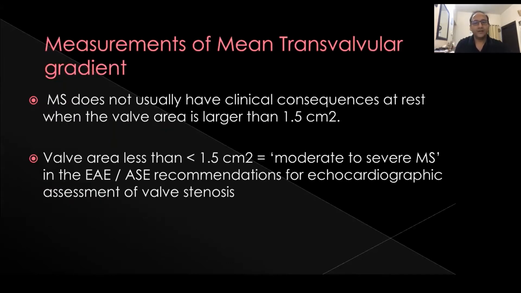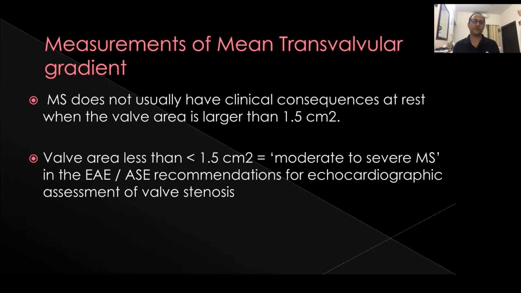Now, we have to understand that mitral stenosis will not give you typical clinical symptoms of dyspnea. The hemodynamic consequences of mitral stenosis start appearing when the valve area decreases to less than 1.5 centimeters square.